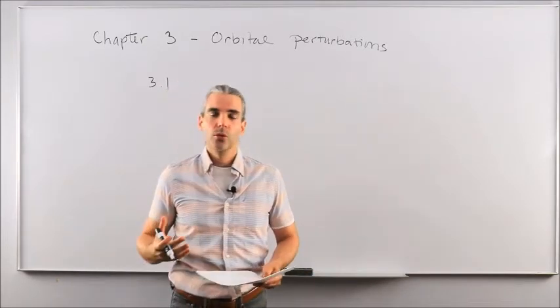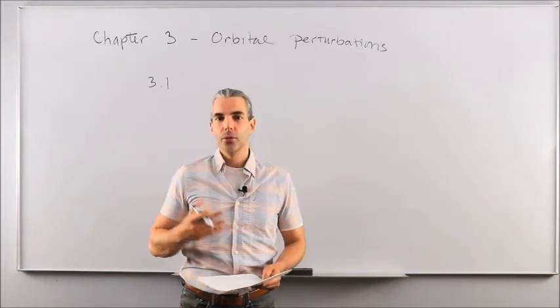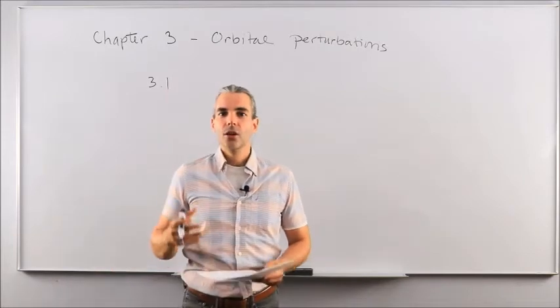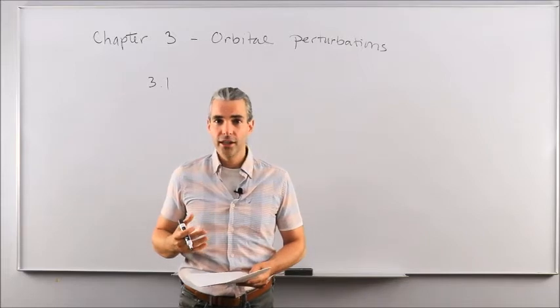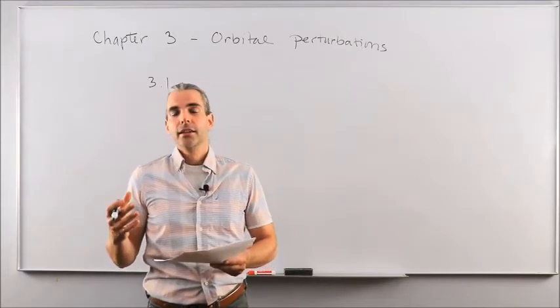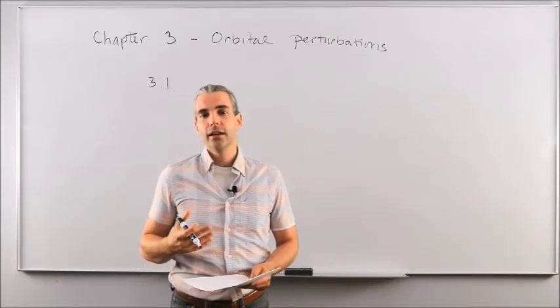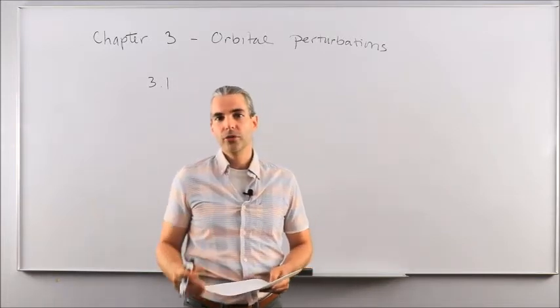We will be seeking expressions for da/dt, the rate of change in our semi-major axis, de/dt, the rate of change in the eccentricity, di/dt, the rate of change in inclination, capital omega dot, the rate of change in RAAN, and finally omega dot, the rate of change in argument of perigee.